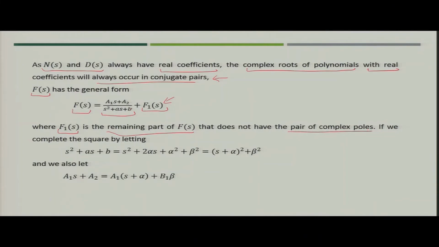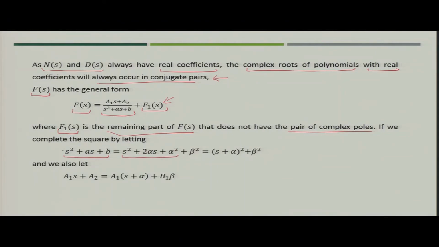Now, what you have to do next: in the denominator you have the term s square plus a s plus b. You need to complete the square in the denominator. So, we add a few terms and subtract a few terms and rearrange in such a way that it looks like s square plus 2 alpha s plus alpha square plus beta square.